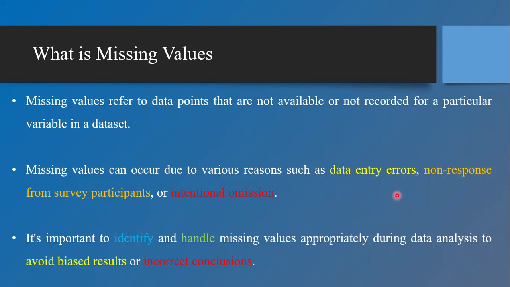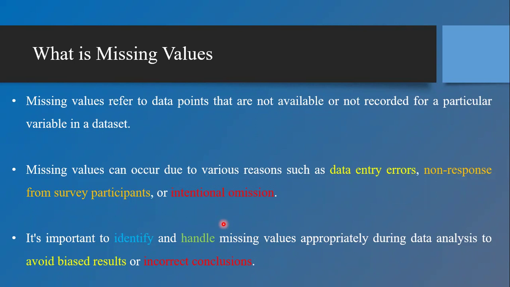Sometimes the respondent may not be able to fill some parts of the questionnaire, or he may have missed some responses. It is important to identify and handle missing values appropriately during data analysis to avoid biased results or incorrect conclusions. So always remember that you need to identify the missing values, as well as handle them, because they can impact your results.